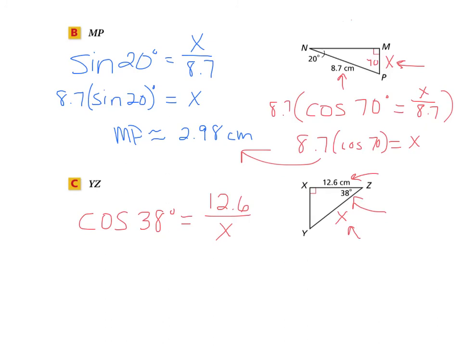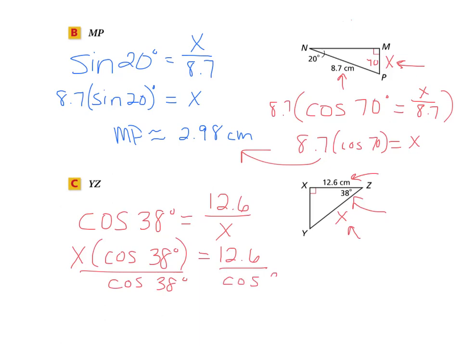I now multiply both sides by x, and then I would divide by the cosine of 38 degrees. If you mathematically figure that out, that would give me x as a value of approximately 15.99. So the length of YZ is approximately 15.99 centimeters.